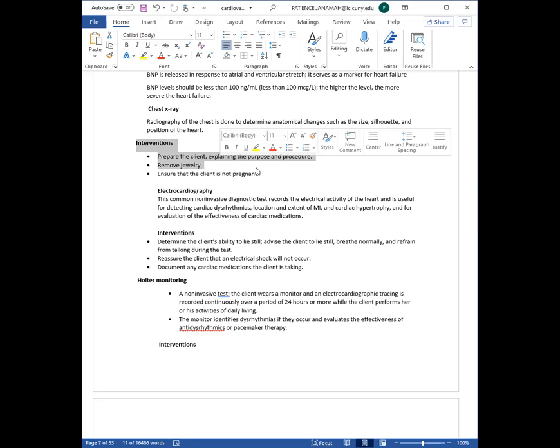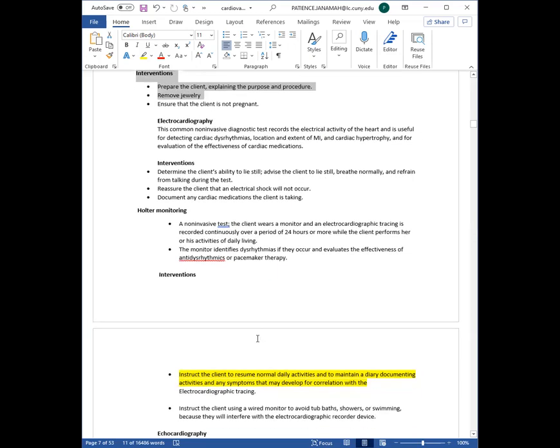So X-ray is radiation, CAT scan is radiation, MRI, you want to take all those things out of the patient. Apart from ultrasound, that is a non-invasive procedure.